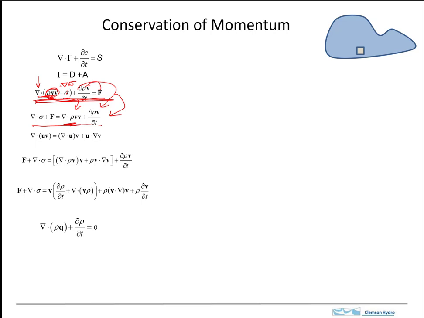All right, now we need to simplify this term a little bit. And what we're going to do is use an identity that says this. So here's this nabla operator applied to two vectors that are multiplied together. And that identity looks like this. So this is kind of like the product rule, except it's for these two vectors that are multiplied together.